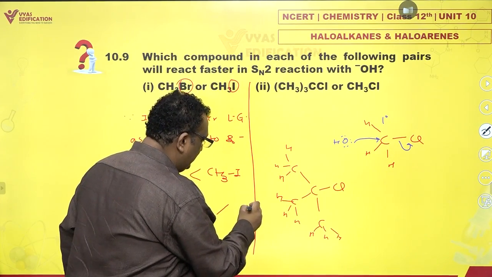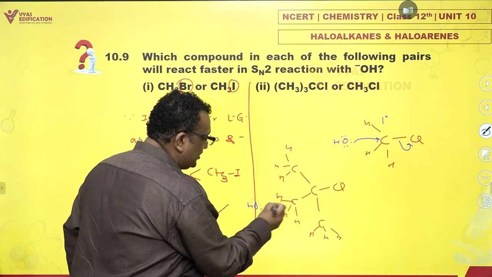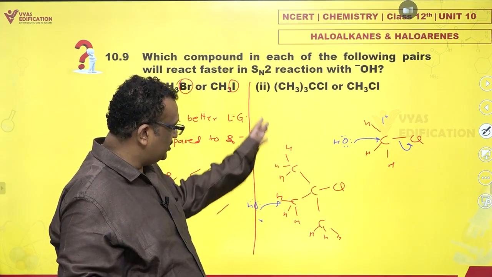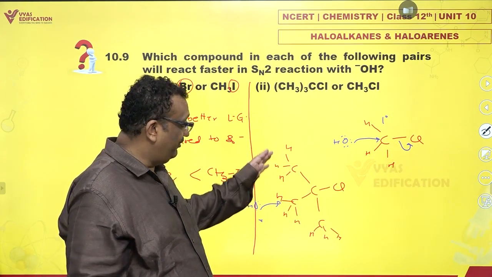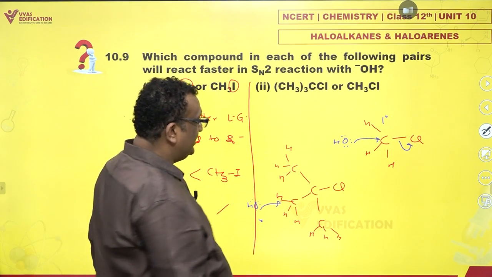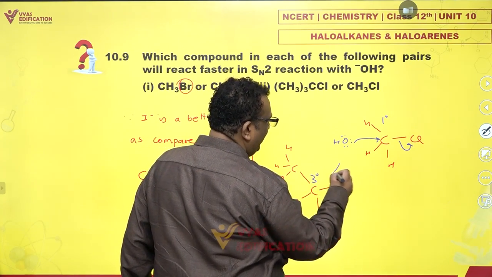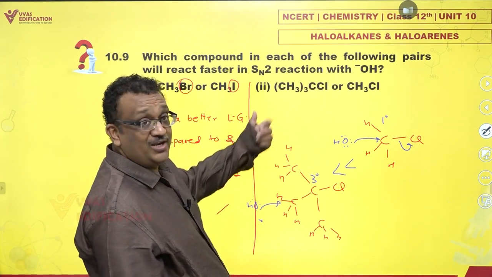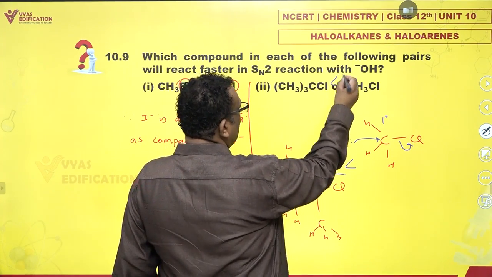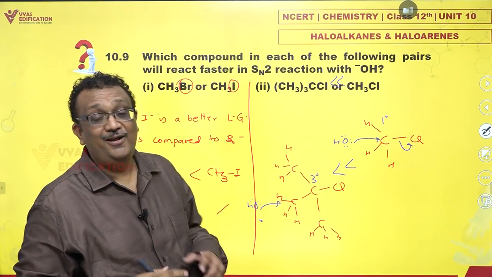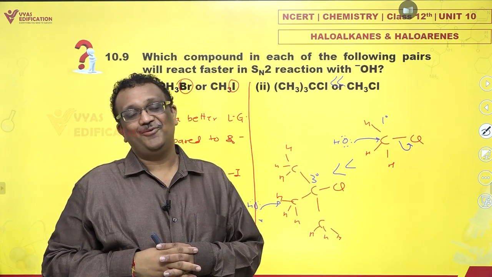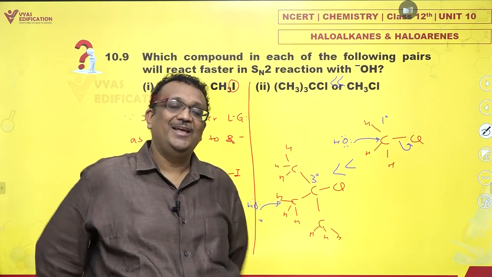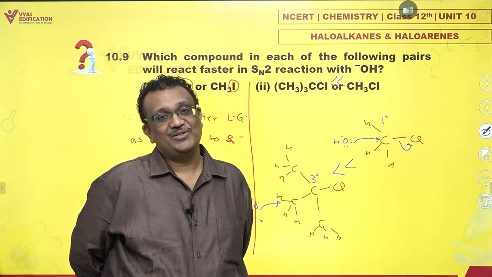OH minus is here, attacks. Where to attack? This is so much crowd. You find that because of crowding, SN2 attack in tertiary is very, very poor as compared to primary. So the rate of SN2 reaction will be much more for methyl chloride than for tertiary butyl chloride. Always this is the case when you are comparing the rate of SN2 reaction.